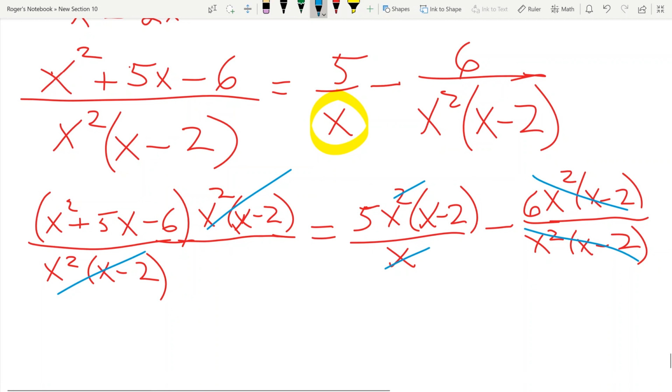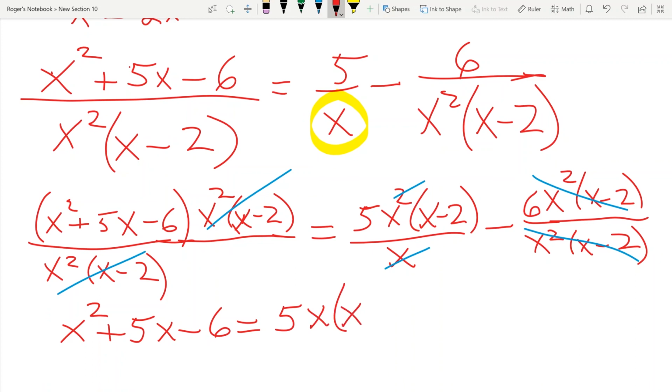So rewriting again, simplifying down a little bit: this is now x squared plus 5x minus 6, and this is equal to 5x times x minus 2 minus 6. It's looking a little simpler now.